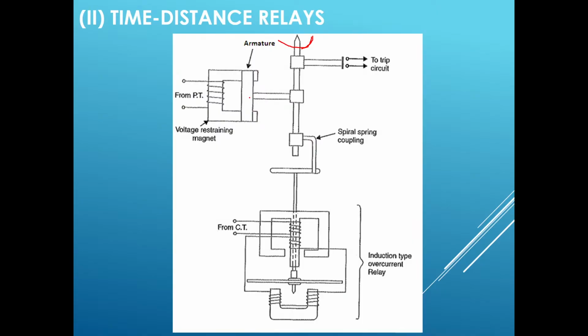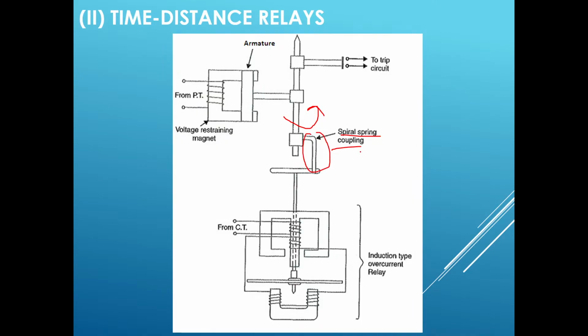Okay, so the armature, which was already attracted by this upper electromagnet, is pulled away from the upper electromagnet, because this spindle or rod starts to rotate because of the twisting of the spiral spring coupling element that is provided here.